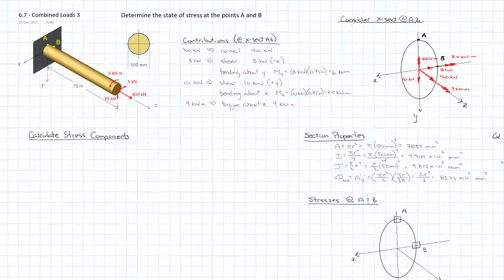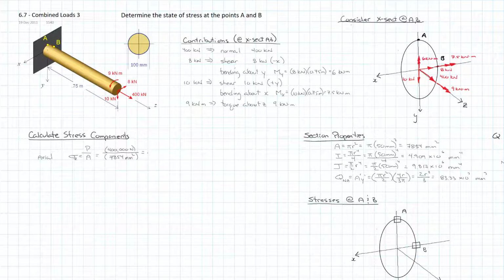So we'll look at axial. And of course, axial would be a sigma z, and it would be equal to a force divided by our area. And so that force, which is causing an axial force on this, is the 400 kilonewton force in the z direction. And so we have our 400,000 newtons divided by our area, which we calculated as 7,854 millimeters squared.